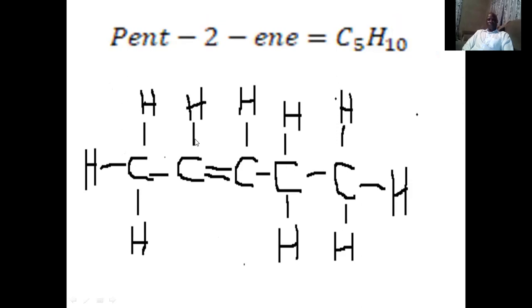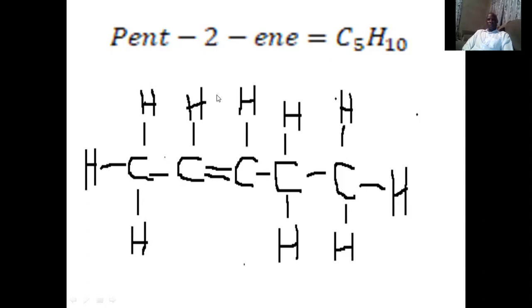And then we do the same. Make sure that around each carbon there are 4 bonds. 1, 2, 3, 4. 1, 2, 3, 4. On this one, 1, 2, 3, 4. On this one, 1, 2, 3, 4. On this one, 1, 2, 3, 4. And then you put the hydrogen atoms.